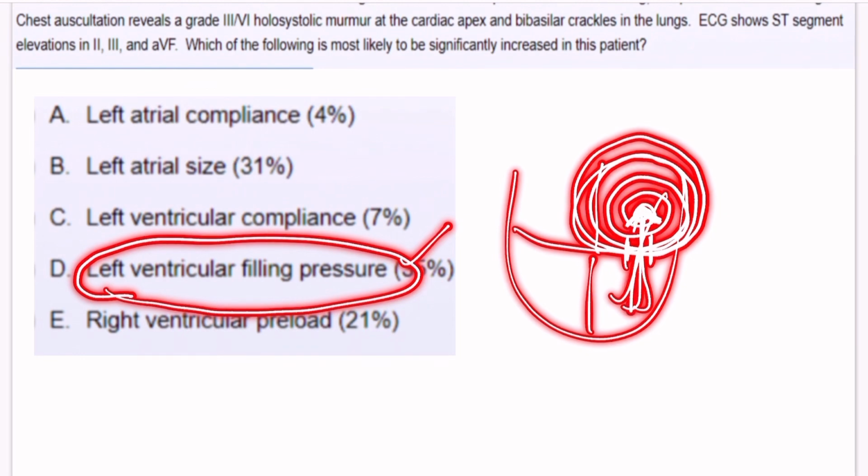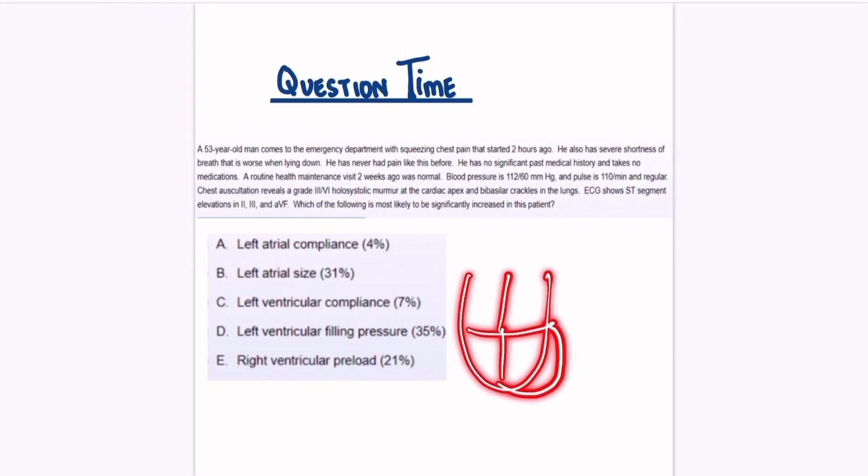And a lot of blood will come back during diastole into the ventricles, and that will increase left ventricular filling pressure. And because this left ventricular filling pressure has increased, in return, again during systole, a lot of blood will go back into the atria and a lot of blood will go back into the lungs, resulting in symptoms like dyspnea, which is shortness of breath, and it will become worse on lying down.